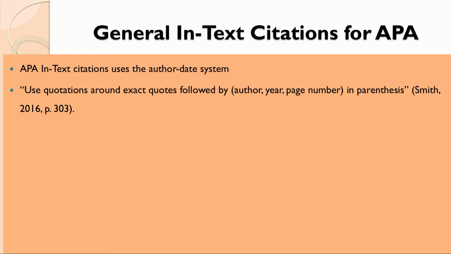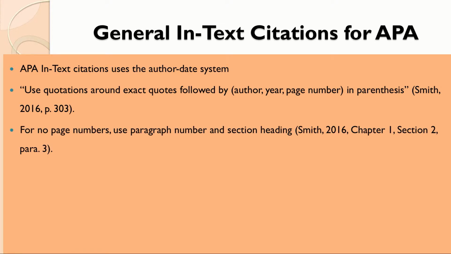Now, let's say there are no page numbers, then you have to use paragraph numbers, or you can use section headers. You have to give some kind of reference of where one can find that information. So the best is always to use articles that are PDFs, because the PDFs will actually give you page numbers.